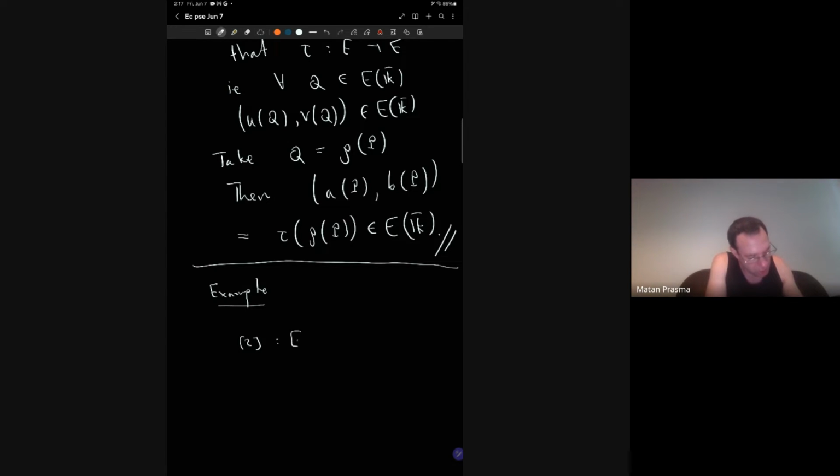This is from E to E, and it maps P in E over K bar into 2P.